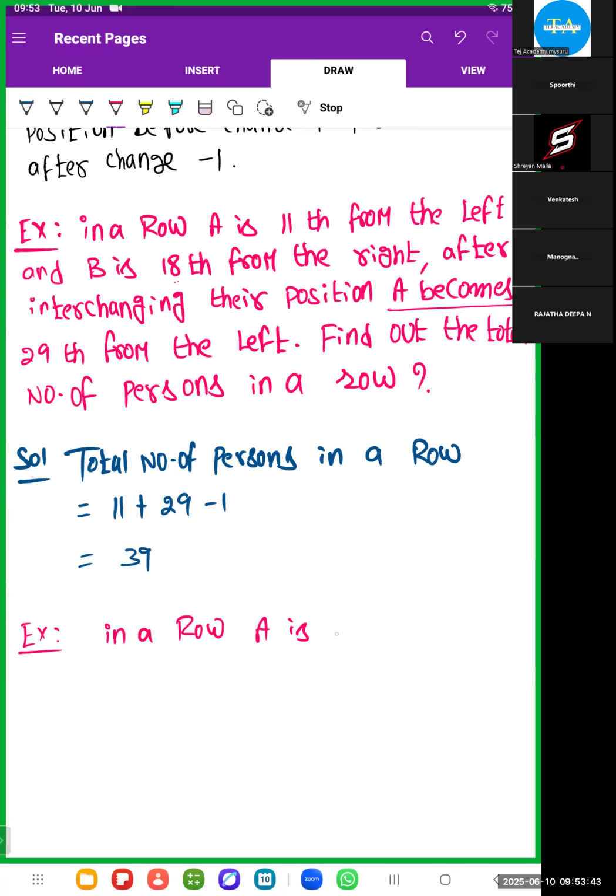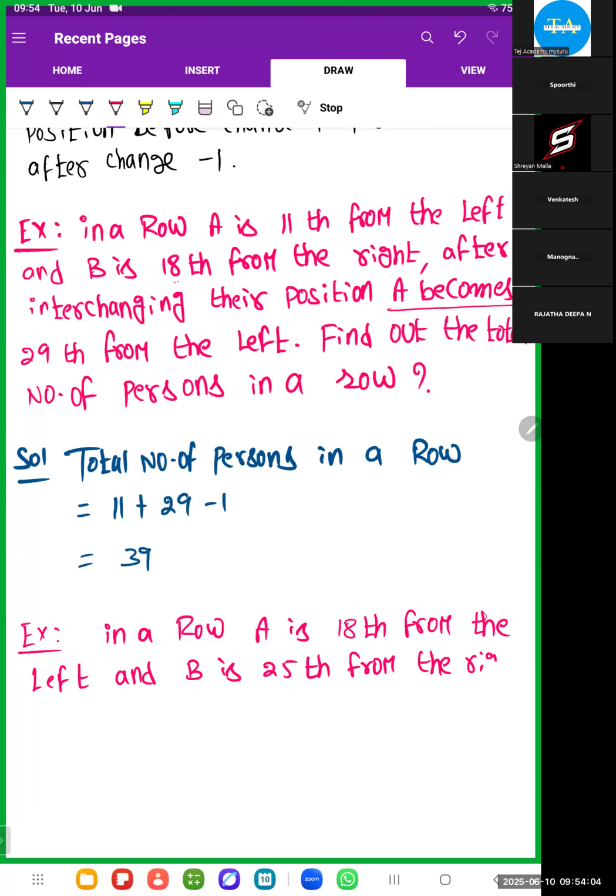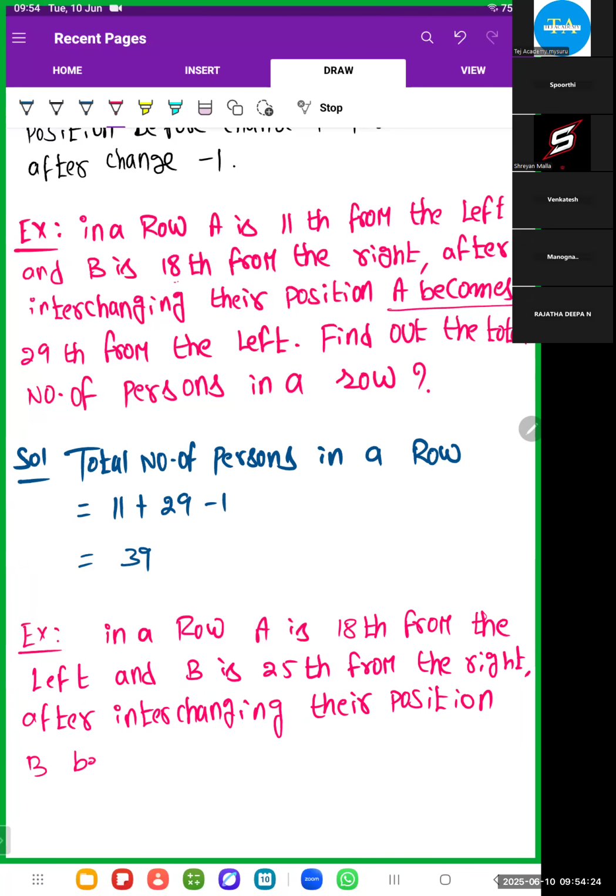If A is 18th from the left and B is 25th from the right, after interchanging their positions, B becomes 35th from the left.